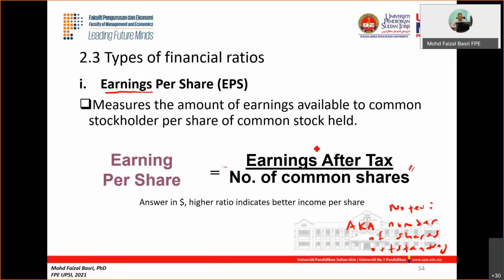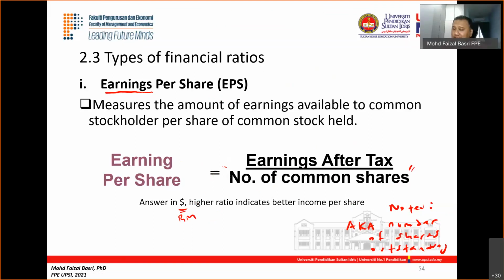Okay, so for this earning per share, the answer will be in ringgit, in RM, ringgit Malaysia. And the higher the EPS, the better the income per share this is. So here, actually, when we talk about earning per share, we want to calculate it per share basis, how much actually you can earn.